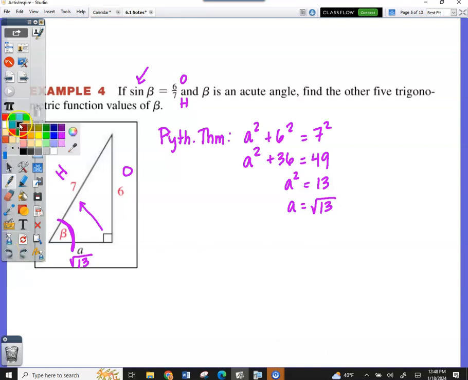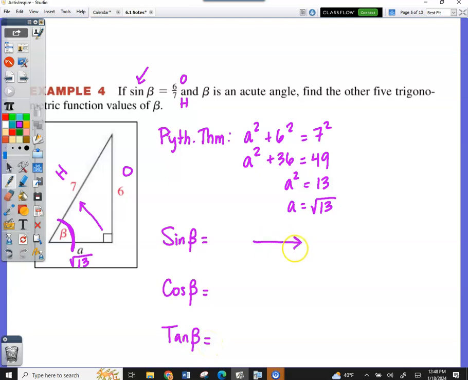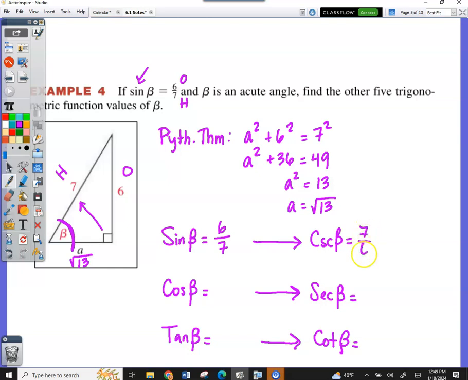So we have sine beta, cosine beta, tangent beta, and the reciprocals, cosecant beta. You look at the directions and use the one they already gave you. They gave me sine, 6/7. So cosecant would be 7/6.